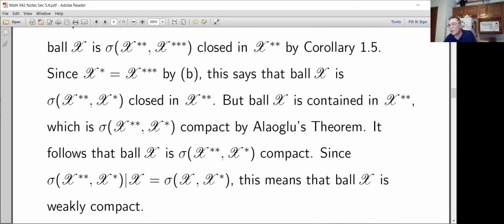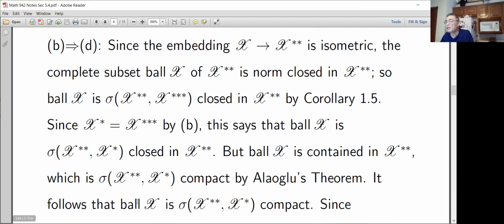That means it is weakly compact. So this has been proved, except that we should put ball here and ball here. If we add these two balls here, then the proof is complete.